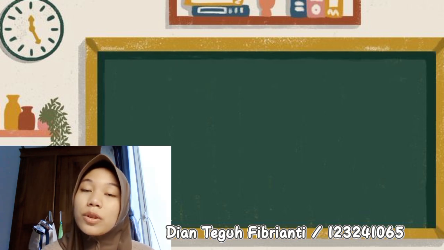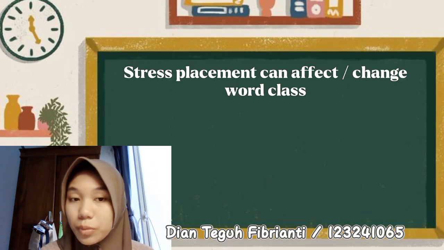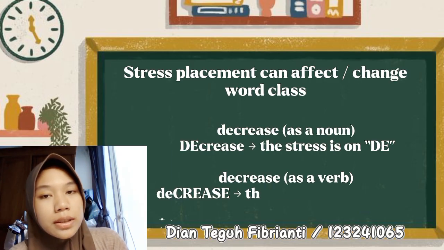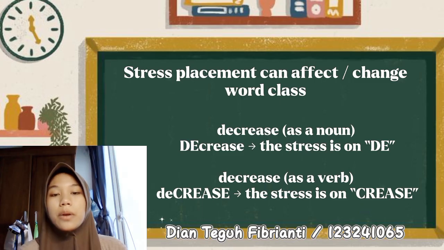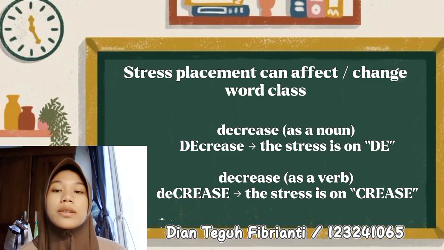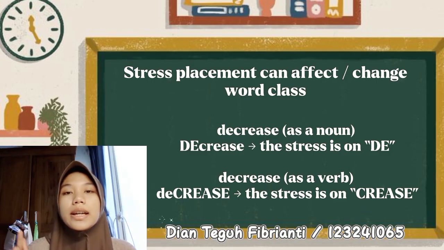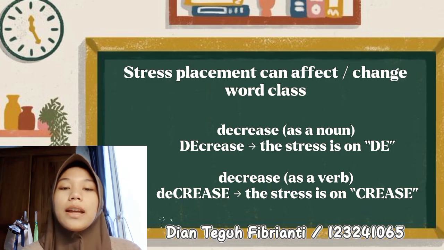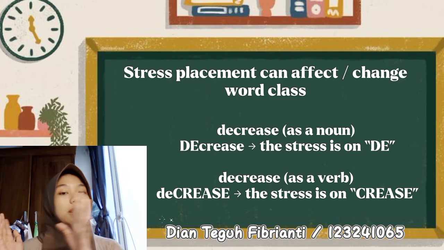Stress placement is also important because it can change word class. For example, in the word decrease as a noun, the stress falls on the de, which is the first syllable. And decrease as a verb, the stress falls on the second syllable.